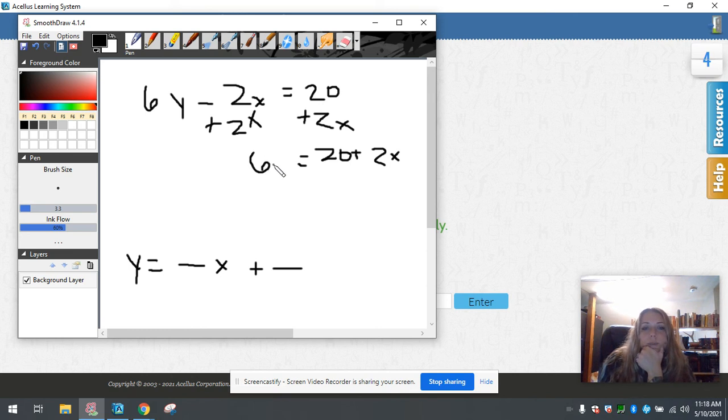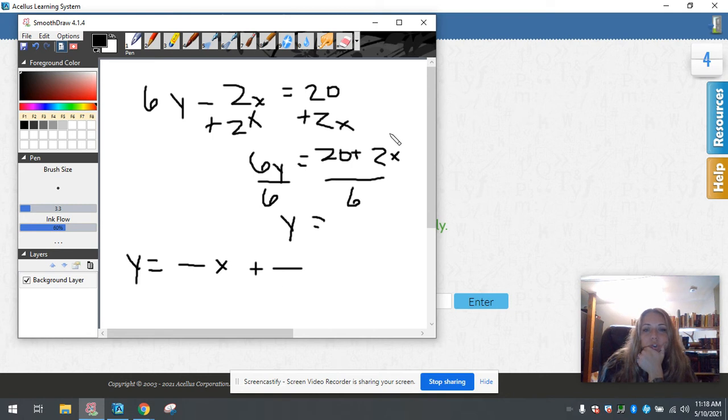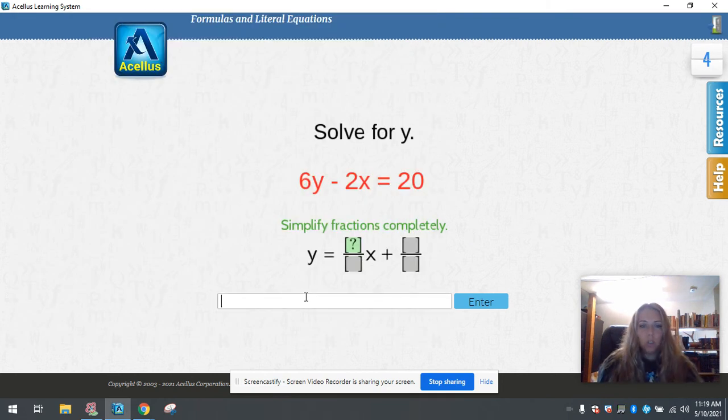To get the y by itself, we're going to divide by 6. What I do to one side, I do to the other. So I get y equals 20 over 6 plus 2x over 6, or 2x over 6 plus 20 over 6. y equals 2x over 6 plus 20 over 6.